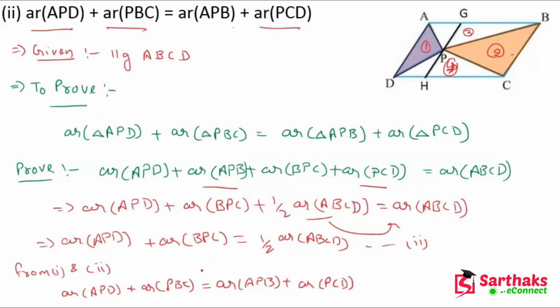My dear friends, I hope you understand these things. So this is the proof of this second part, and we can write hence proved. I hope you understand these things.